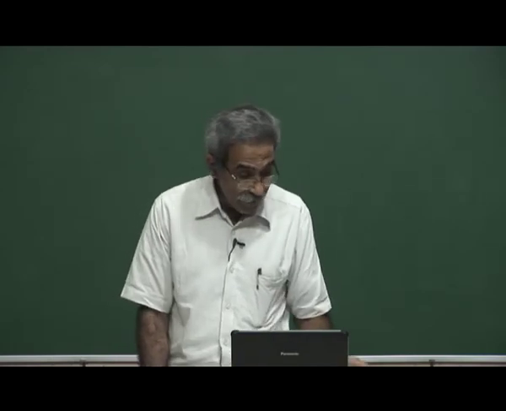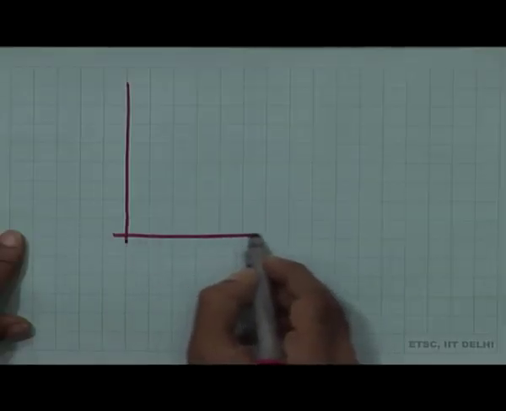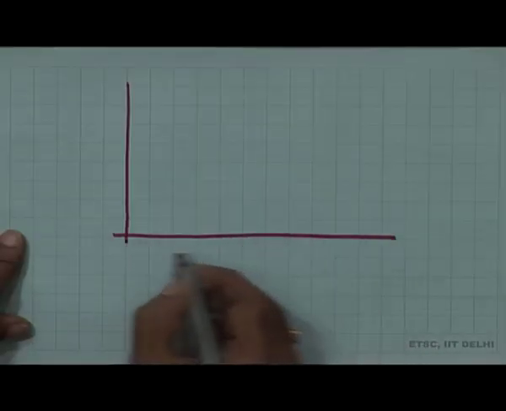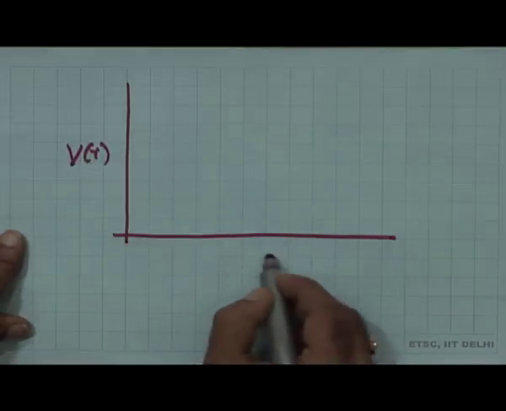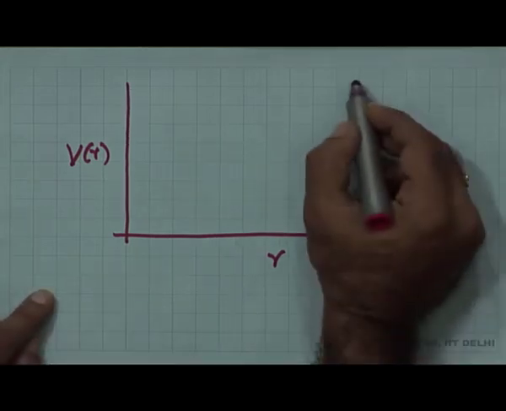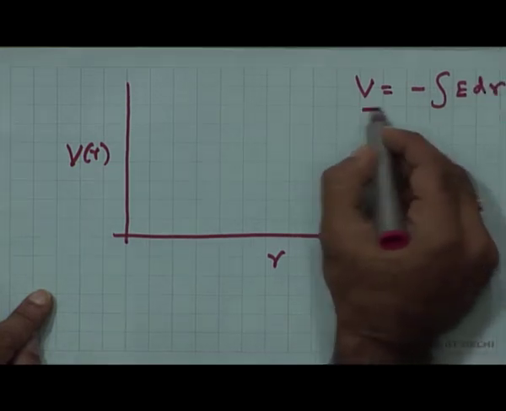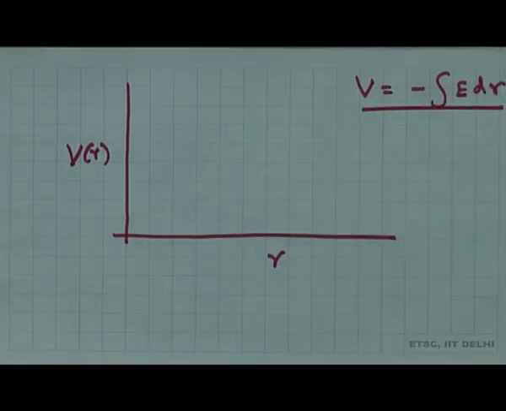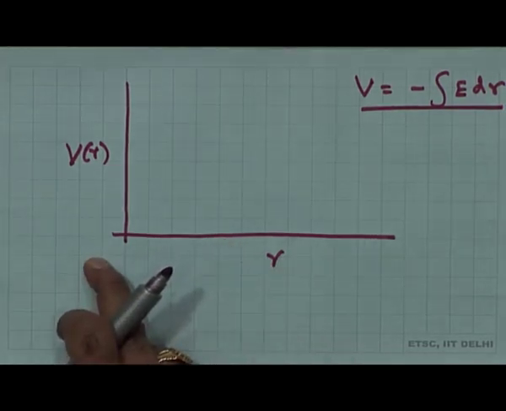So, a better way to depict this is actually in terms of the potential energy, because we want to show the energy diagram. So, what we have is potential energy V of r as a function of r. So, what is my potential energy? Can somebody tell me? Potential energy is very, very important here, because V is minus integral of E dR. We should not forget that. Therefore, for r less than R, my potential energy becomes what?